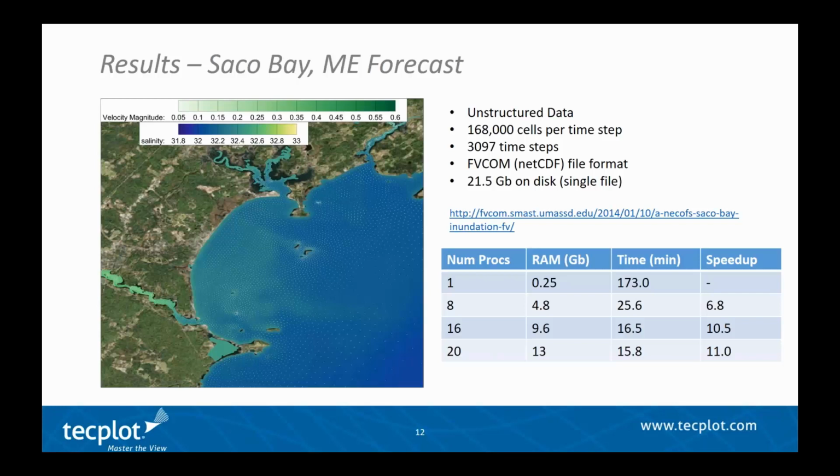And this one, we actually got incredible scaling on this one. We got all the way up to about an 11x speed up. So from 3 hours down to nearly just under 16 minutes. So you can see that you can get some really good scaling here. And I think that a big part of the scaling here is because it is a pretty small data set per time step. So there's just not a lot of data to load there.